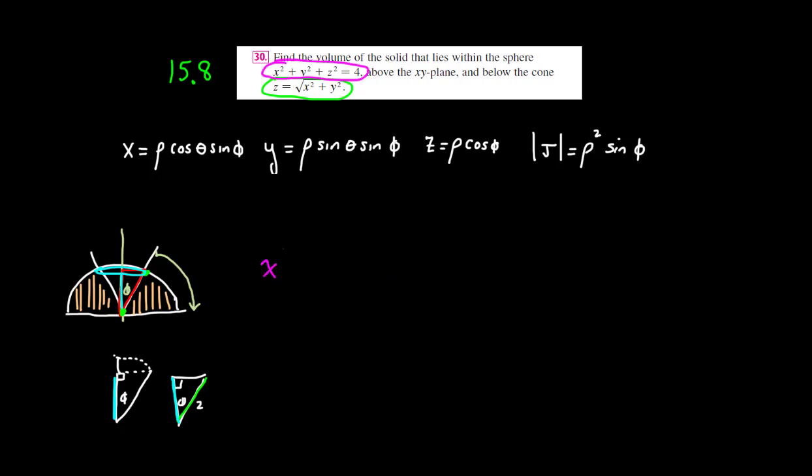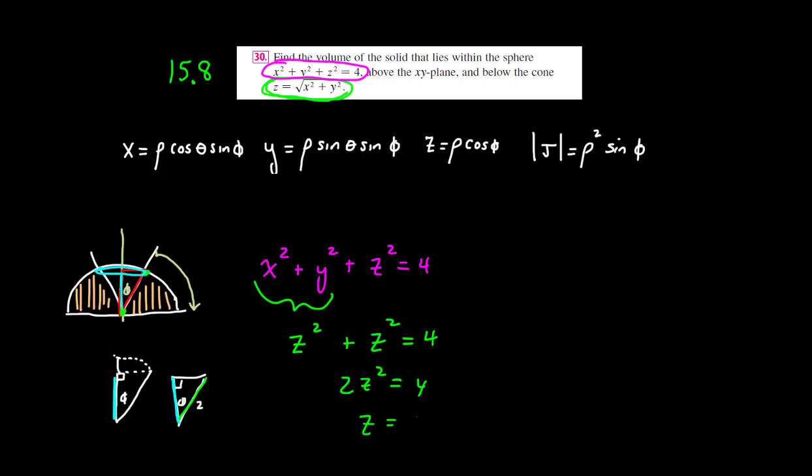So we have the equation of the sphere, x squared plus y squared plus z squared equals 4. But if we solve that in a system with this green circled cone, then I see from the cone that z squared equals x squared plus y squared. So the x squared plus y squared becomes z squared, and z squared here. And so now we have 2z squared equals 4, and z comes out to be plus or minus, but we're looking for the positive distance. z comes out to be radical 2.